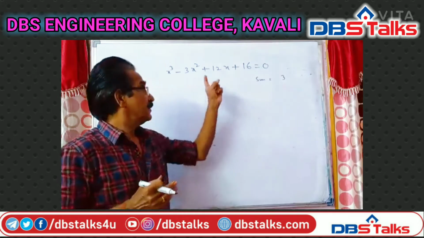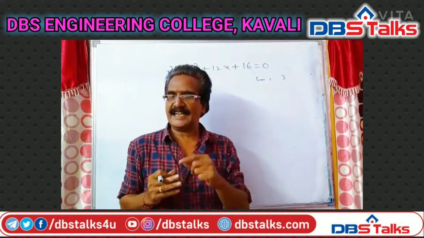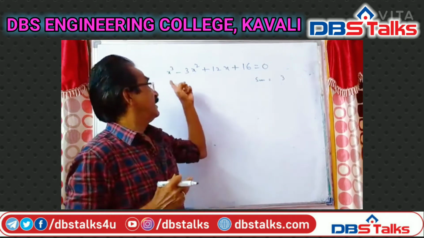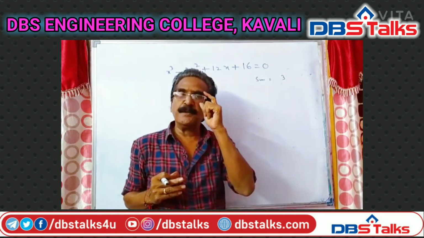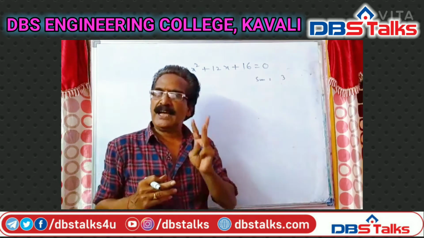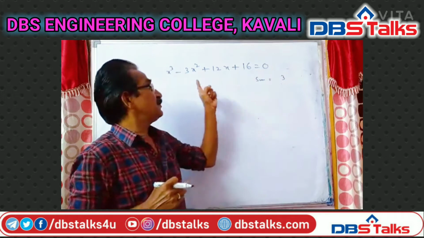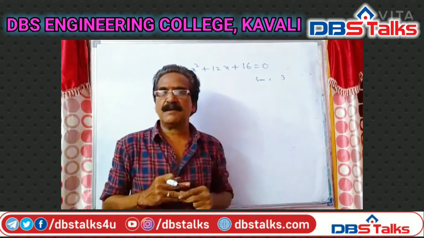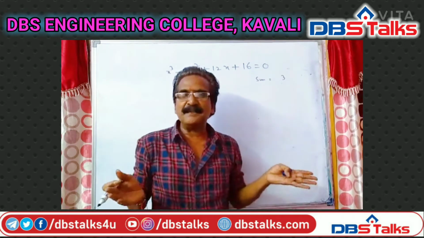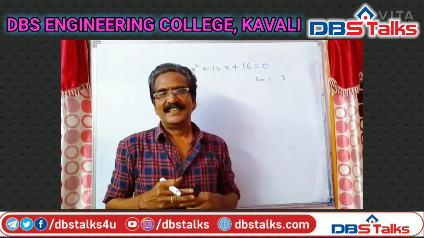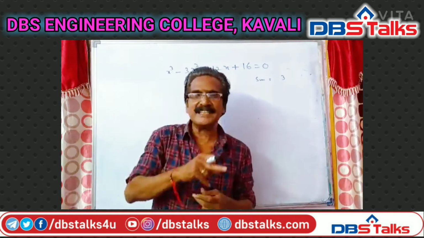Here friends, sum of the roots is 3. Here, this is a cubic polynomial, so it will have 3 roots. Sum of the roots is 3. So now, if each root is diminished by 1, then sum of the roots becomes 0.